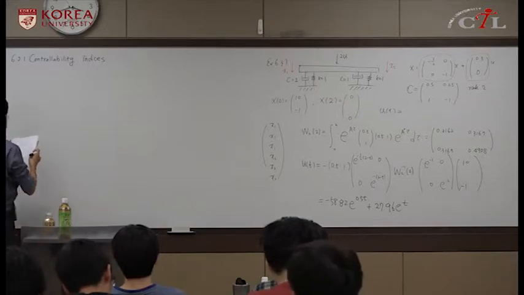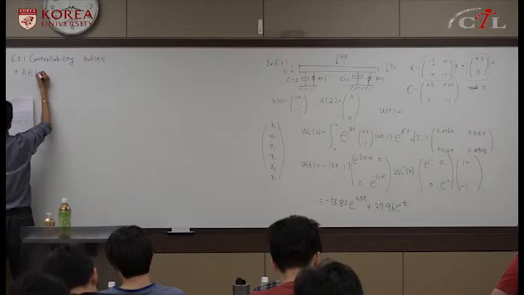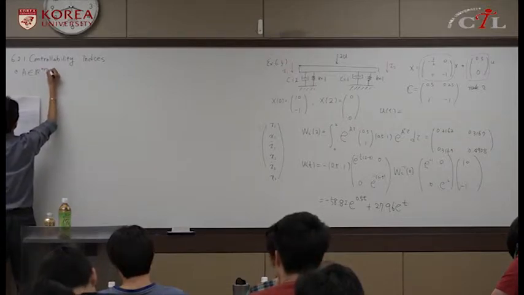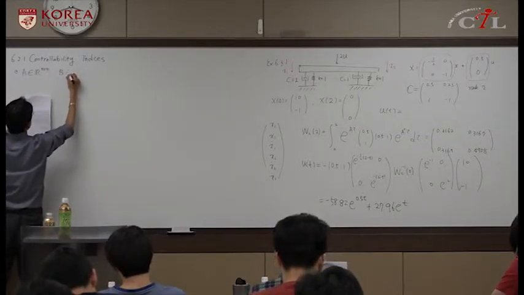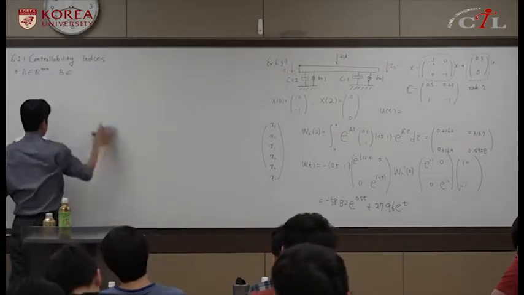Okay, given the system matrix, let's say A is n by n, the state, and B is n by p. So there are p inputs.